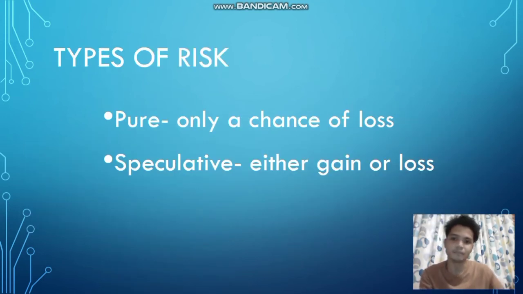So we have types of risk. We have two, the pure and the speculative. When we say pure, it is only a chance of loss. And when we say speculative, it is either gain or loss. Examples of a pure risk are physical damages like fire, flood, and man-made damages.